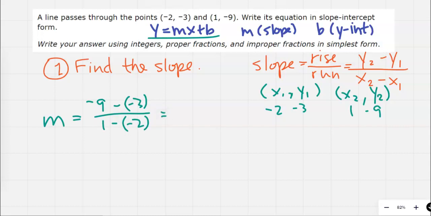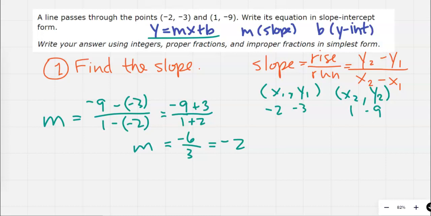Of course, a negative and a negative becomes a positive, so we're really looking at -9 plus 3 over 1 plus 2. Once we simplify, that's -6 over 3, which gives us a slope of -2. So our slope is -2.